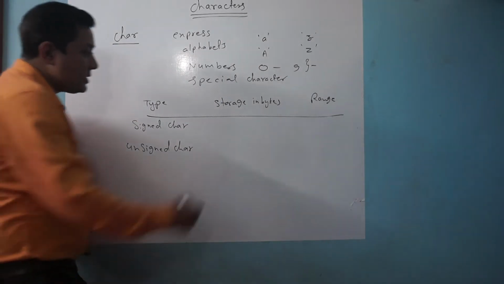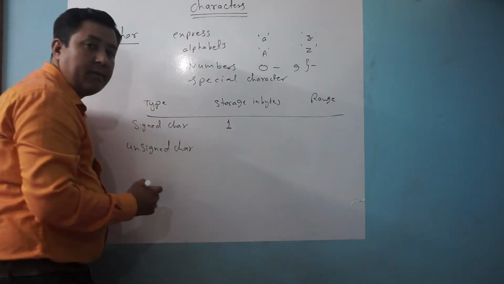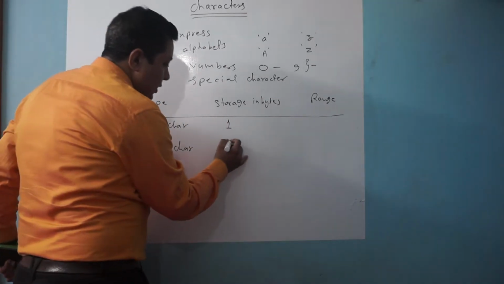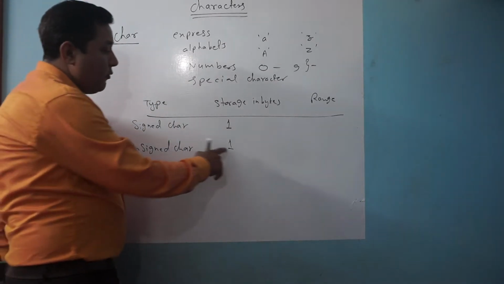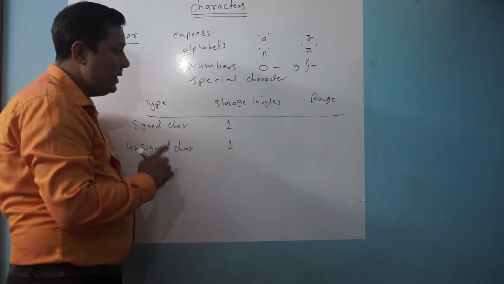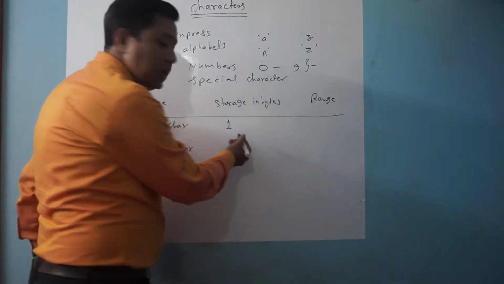Signed character takes 1 byte of memory storage, and unsigned character also takes 1 byte in memory. 1 byte means 8 bits.